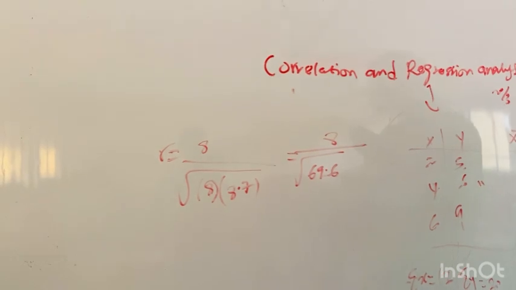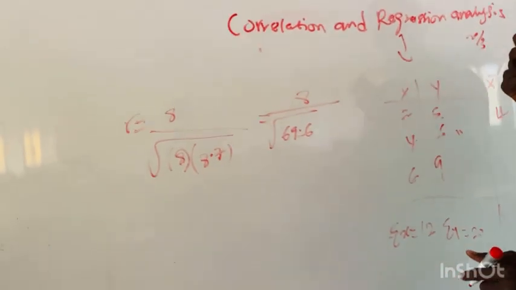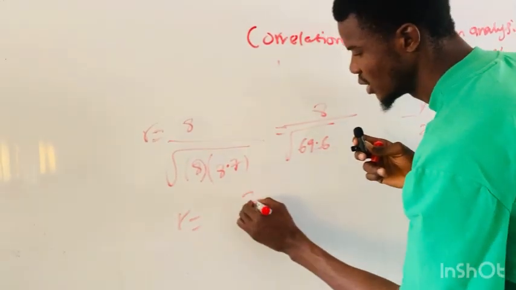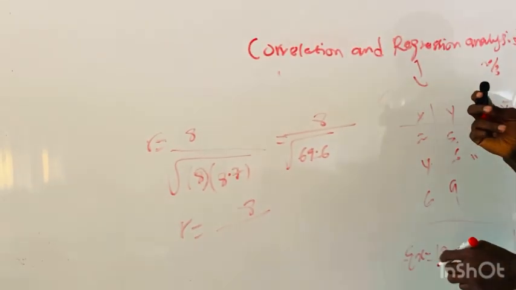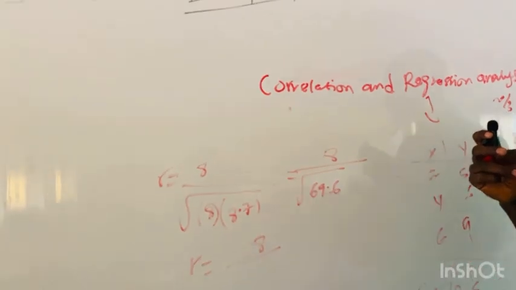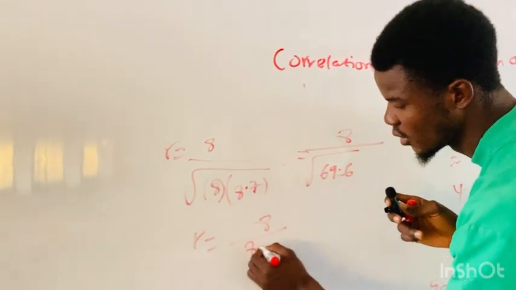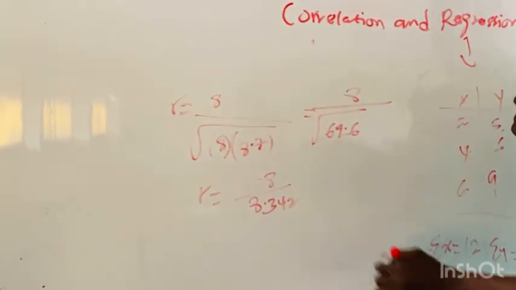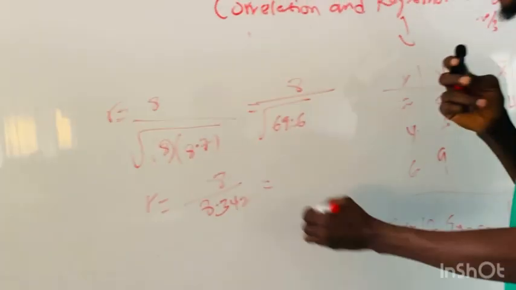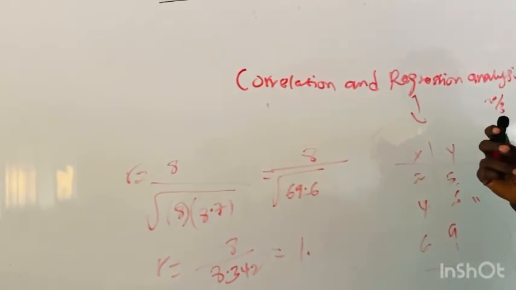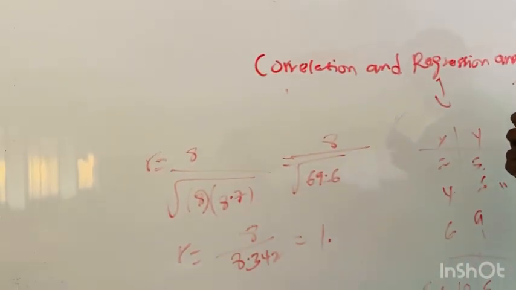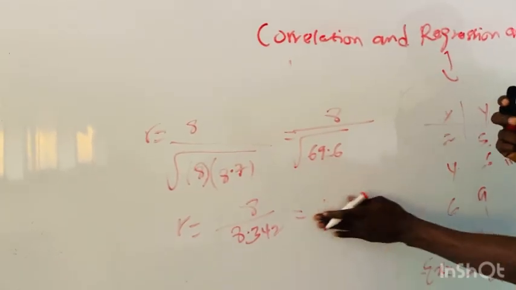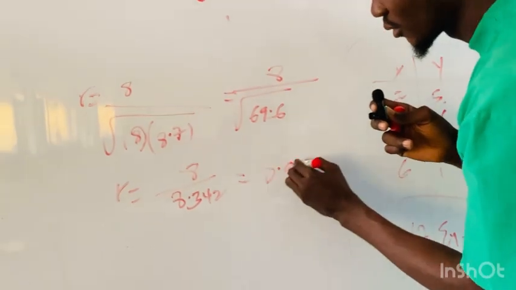Then square root of 69.6. So our R is going to be 8 divided by square root of 69.6, which is 8.342. Then 8 divided by 8.342 is going to give us 0.95.